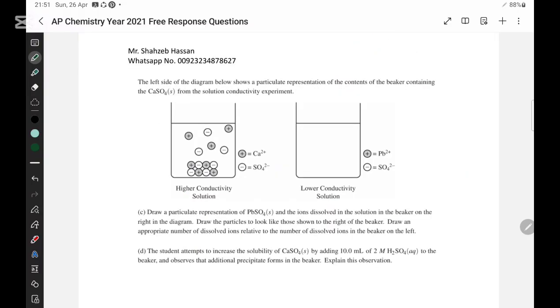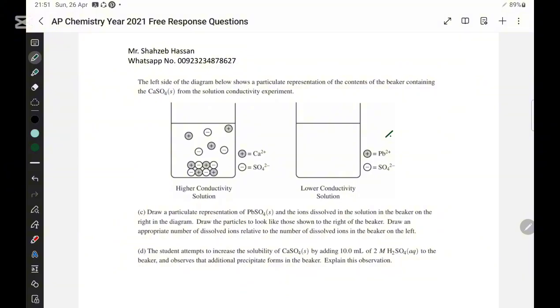The left side of the diagram below shows a particulate representation of the contents of the beaker containing calcium sulfate, and we have to draw it for lead sulfate. Calcium sulfate, as it is more soluble in water, is going to split up more into ions.